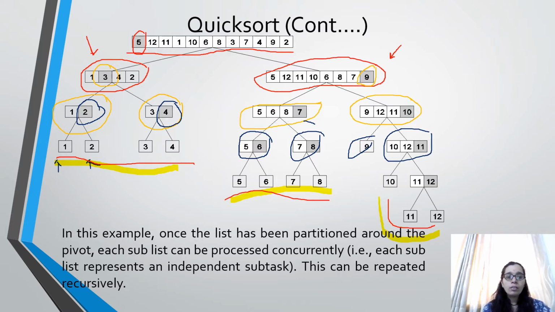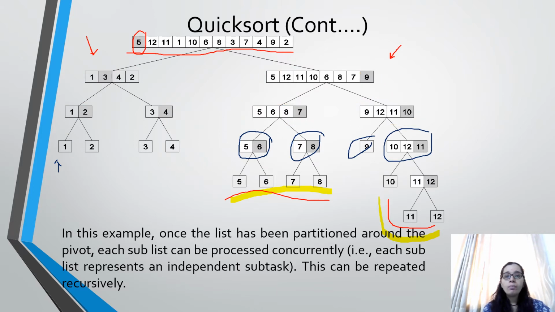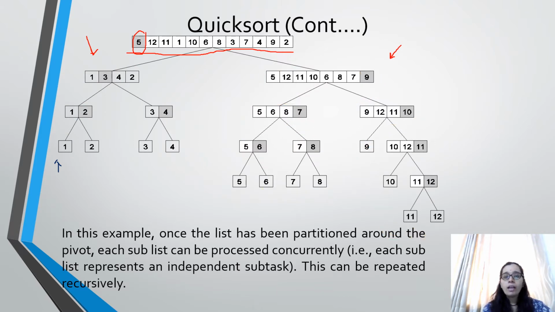This process, that is 1, 3, 4, 2, and the other process, whatever I have mentioned over here, those two sequences can be processed concurrently, and this is how recursive decomposition works.